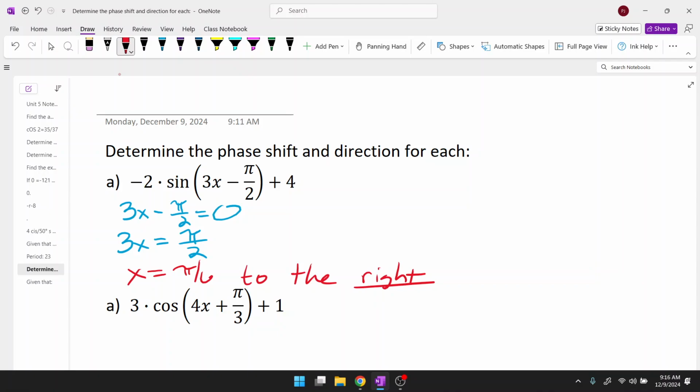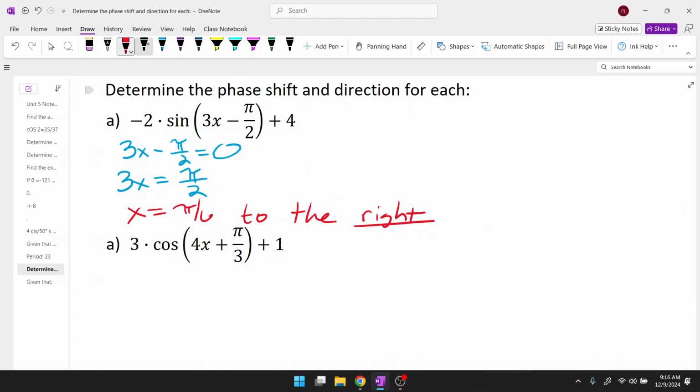So yeah, you'll just have to determine the phase shift and the direction. Or if the argument like this, or if this value becomes a positive, yeah, we know that that's going to go to the right. We can also just do C over B, right? Yeah. Effectively, yeah.